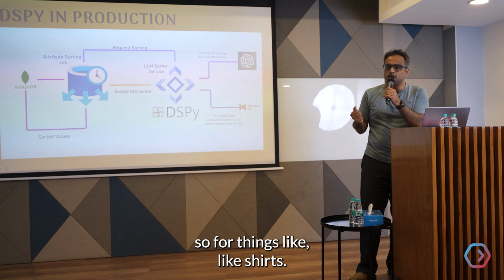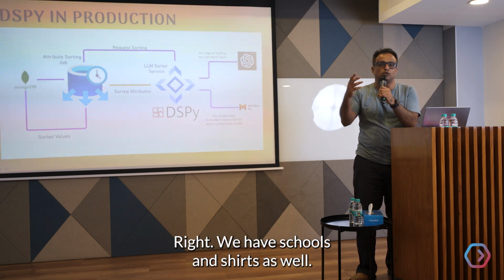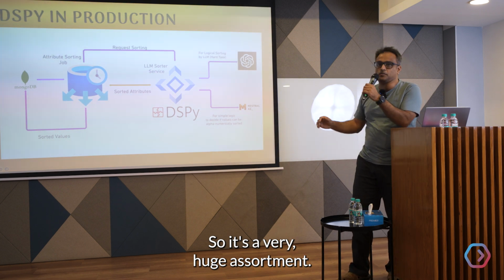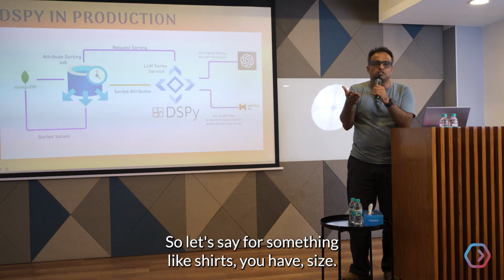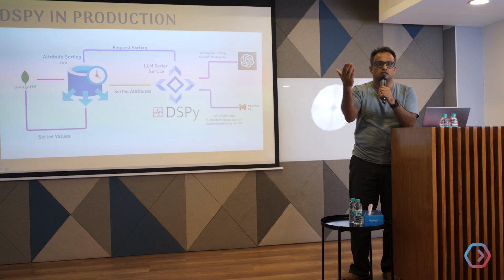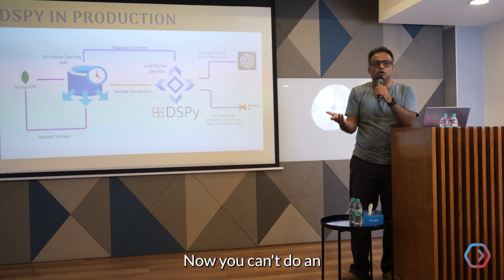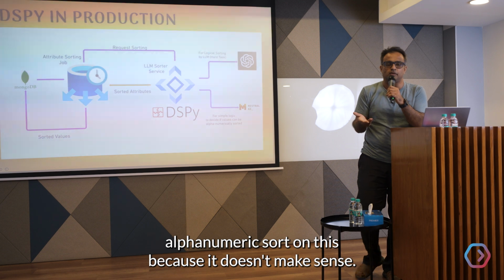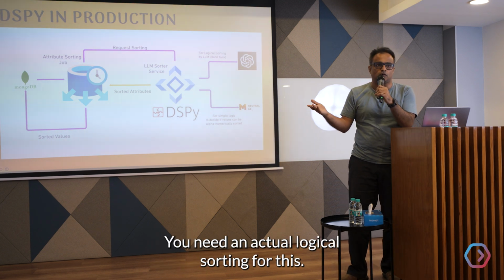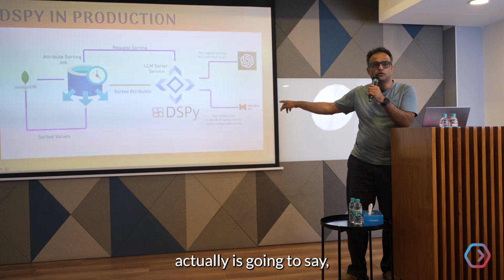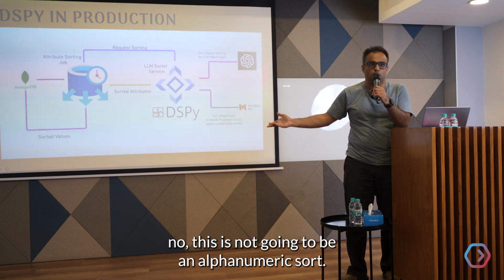So for things like shirts, right? We have screws and shirts as well, right? So it's a very huge assortment. So let's say for something like shirts, you have size, and size is like S, M, L, etc. Now you can't do an alphanumeric sort on this because it doesn't make sense. You need an actual logical sorting for this. So now for these cases, the Mistral is going to say, no, this is not going to be an alphanumeric sort.